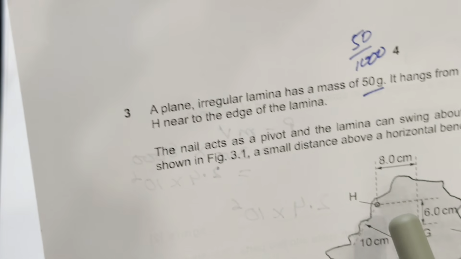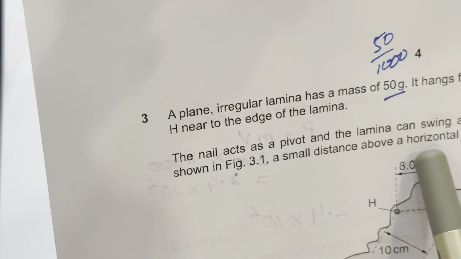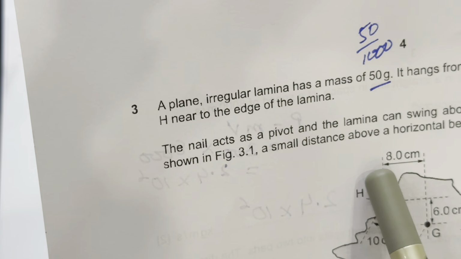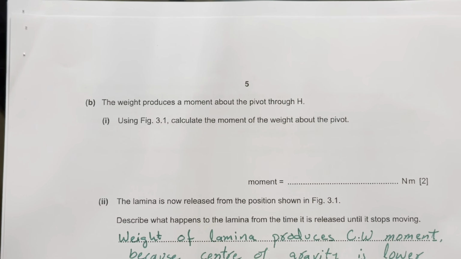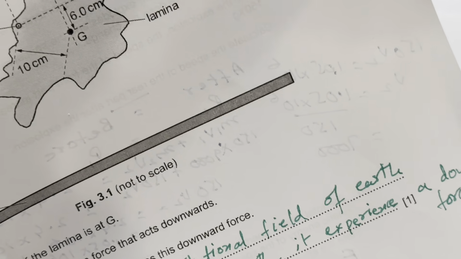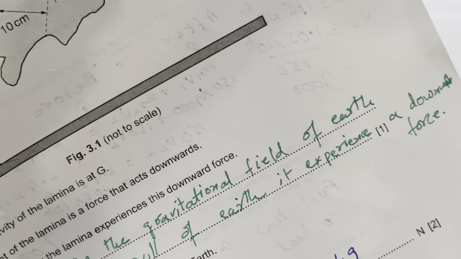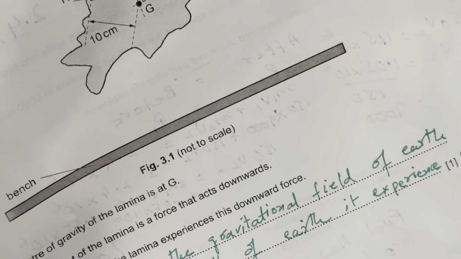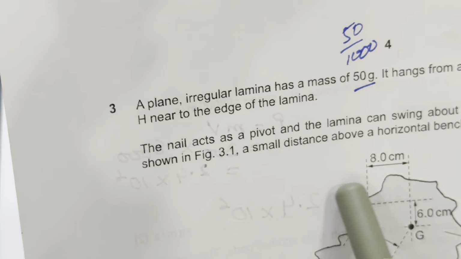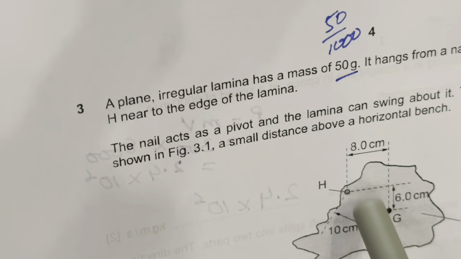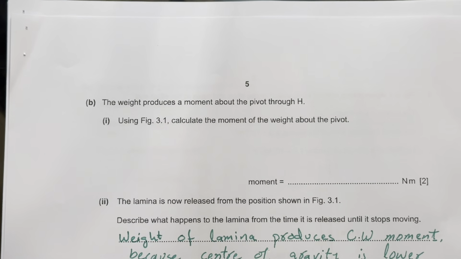The pivot is at H, so we have to take our moment about H, and force we have calculated in the earlier part, that is 0.49. We're going to use the perpendicular distance as the moment arm for calculating moment.